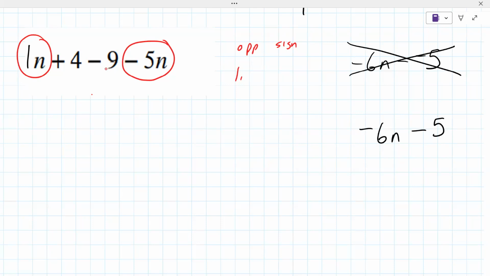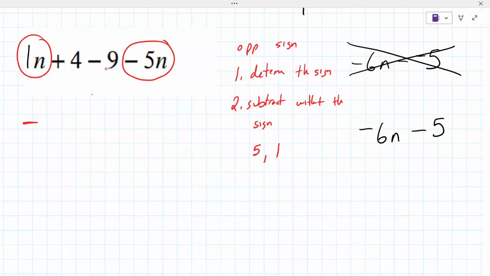Okay, so you determine the sign, and it's the one that's further from 0. So which is further from 0, 1 or -5? Negative 5. Okay, so if the answer is negative, then you subtract the numbers without the sign. You say, okay, I got 5 and 1, I subtract them. It'd be 4. Okay, so it's -4n.